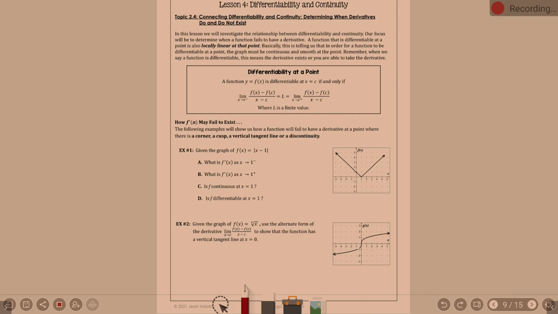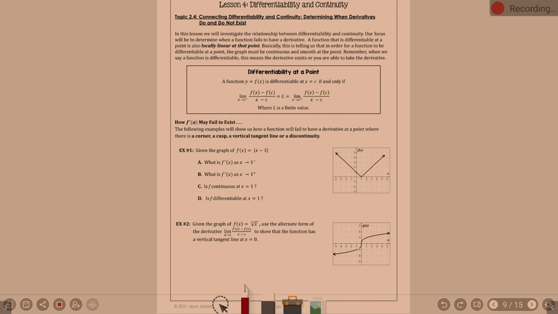So you're looking at the limit from the left and the limit from the right, okay?